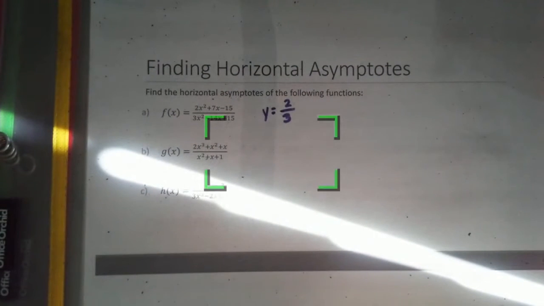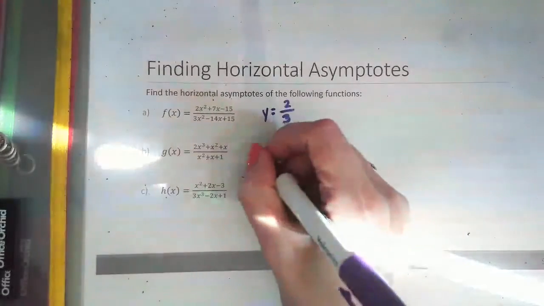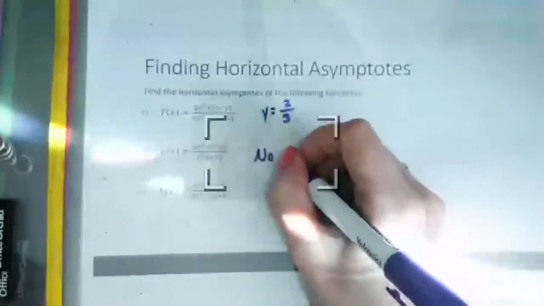For the second one, g of x, we're looking at 2x cubed plus x squared plus x over x squared plus x plus 1. The degree in the numerator is 3, and the degree in the denominator is 2. So that's the case where the numerator has a higher degree, so there is no horizontal asymptote.